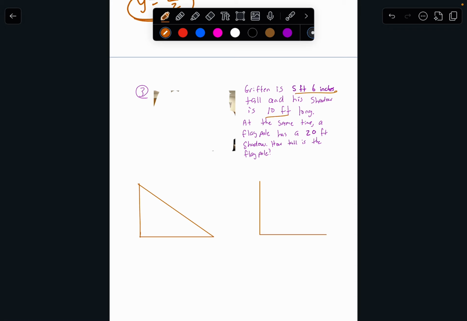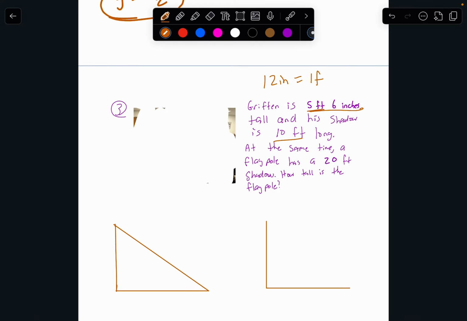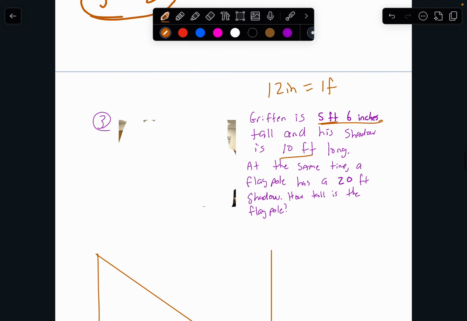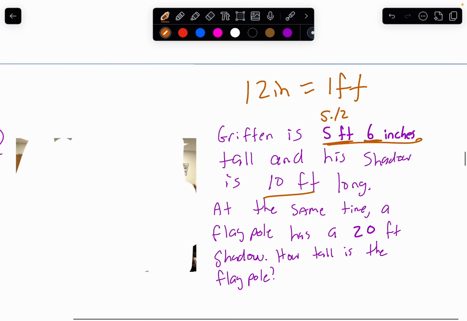Well, first I see feet and inches. It's probably easiest to do everything in terms of inches. So hopefully we know that 12 inches is equal to 1 foot. So 5 feet. How would we go from 5 feet to inches? This would be 5 times 12, so that would be 60. And there's another 6.